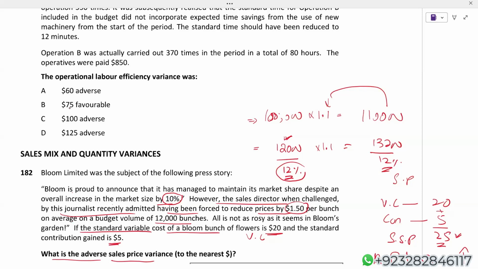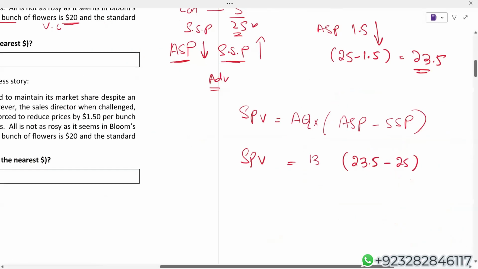On average, budget volume is 12,000 bunches. This is your budget volume. And the question says market size has increased by 10% and we were still able to maintain the market share. It means your actual sale was also increased by 10%. So logically your actual sale quantity is 13,200.